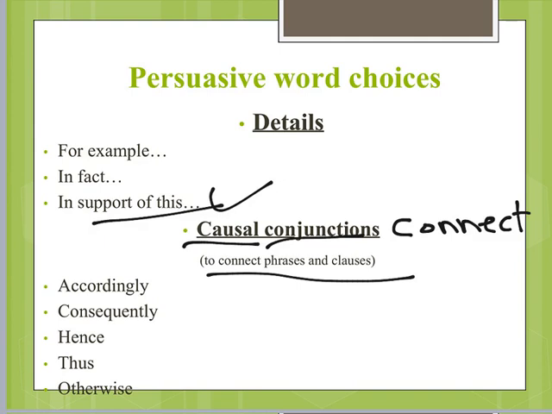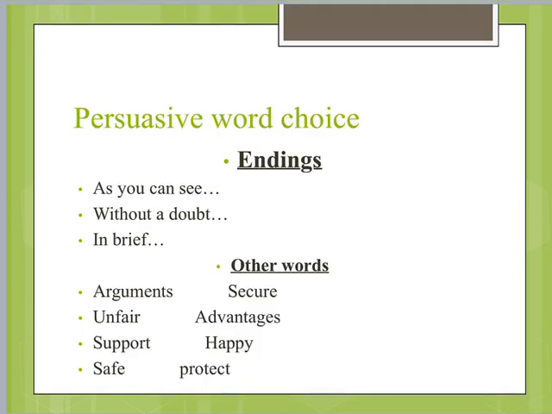So you can use "consequently" after saying that killing them is going to be bad for society or for Earth, for our nature. Consequently, one to three will happen. All right, so these are used to connect phrases and clauses that are cause and reason, reason and cause. One is a reason for the next.